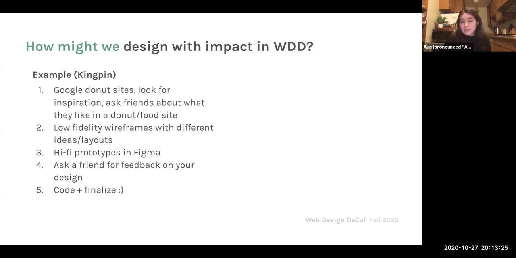I'm pretty sure my friends are kind of tired of me asking them user research questions, but it's fine. Then you want to make your low fidelity wireframes and sketches with different ideas and layouts. Then make your high fidelity prototypes. Call on those friends again or different friends for feedback on your design, and then you code and finalize and submit it to us. Yeah, that's just a cool example too.